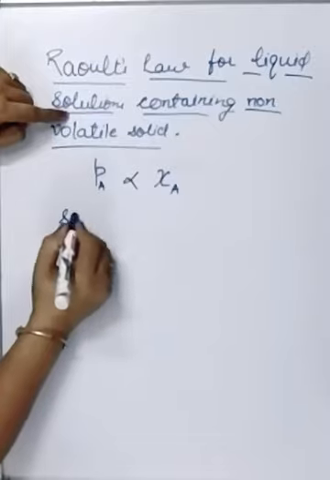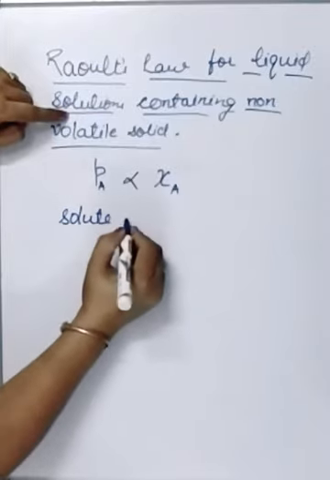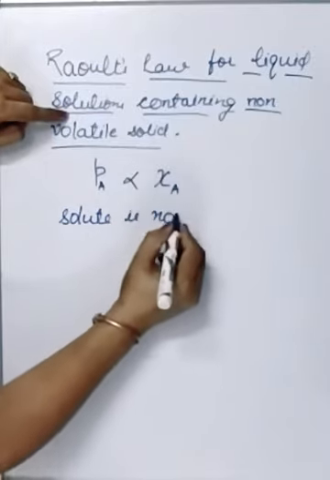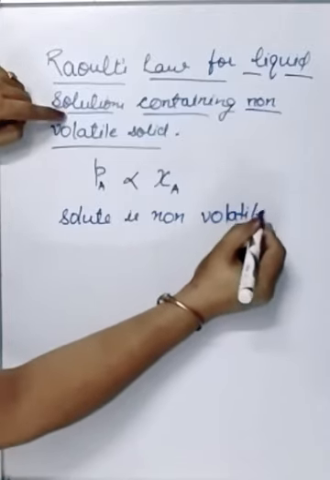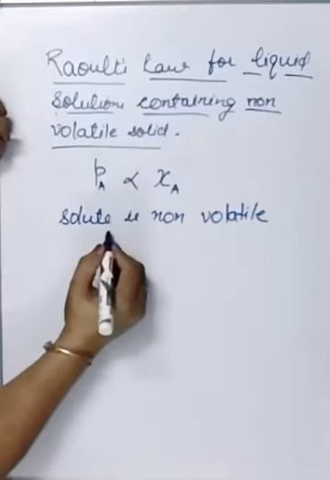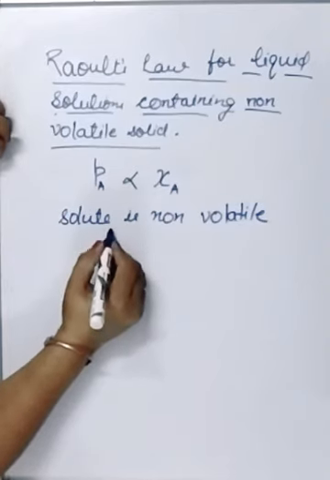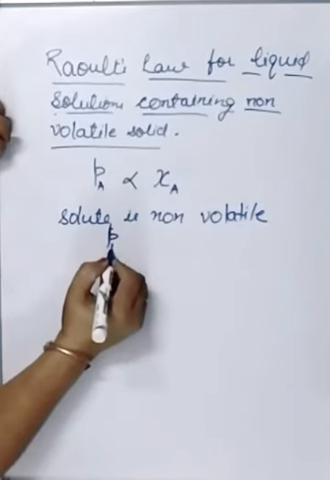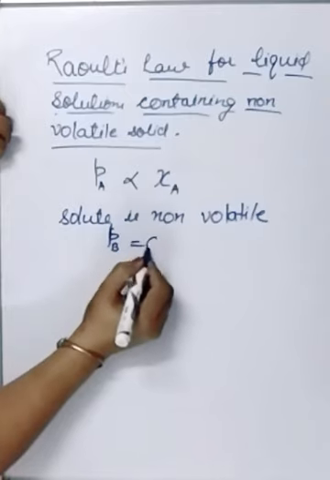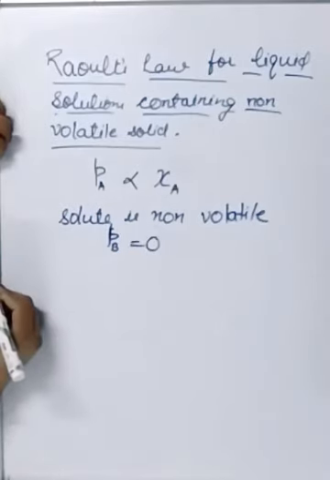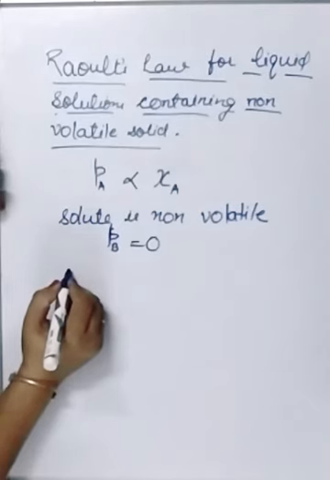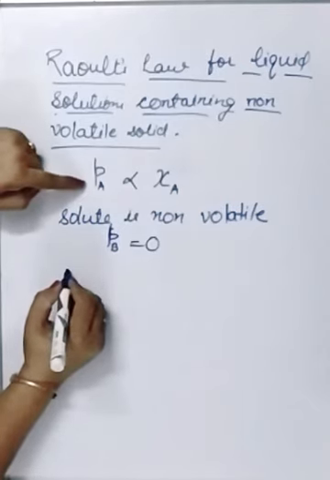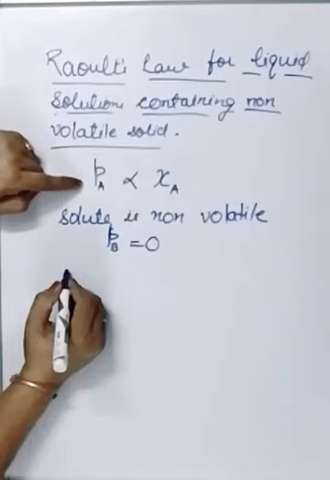Since solute is non-volatile, it will not contribute in formation of vapors. So because of solute there will be no vapor pressure. So whatever vapor pressure is there, that is because of component A, that is solvent.